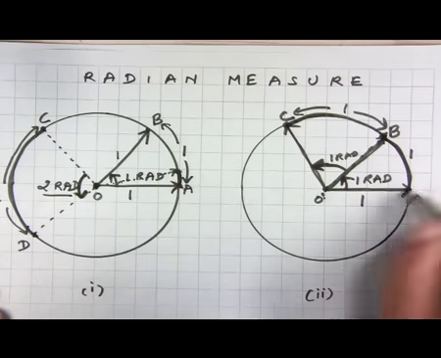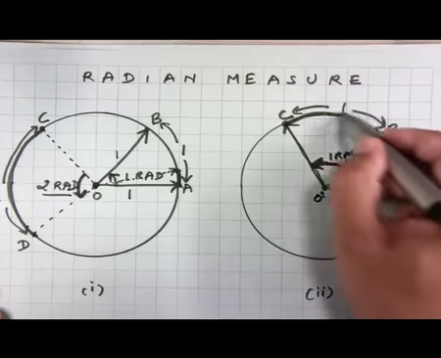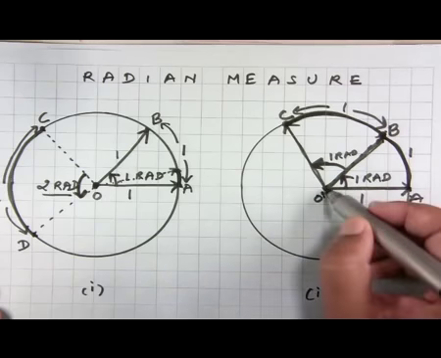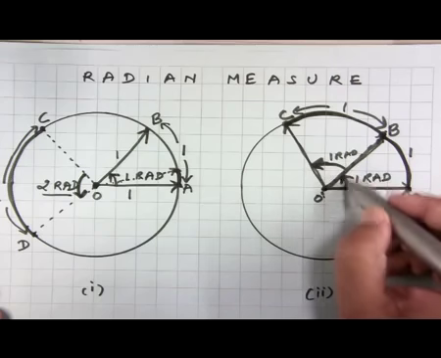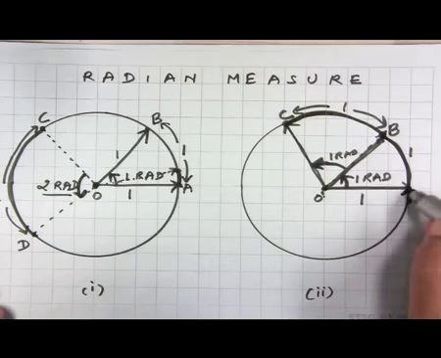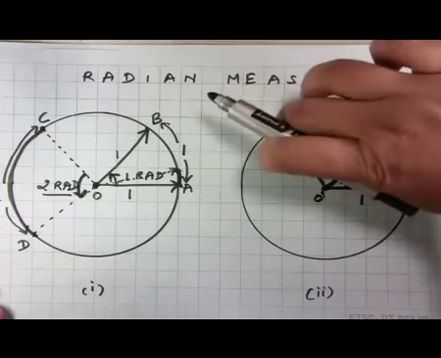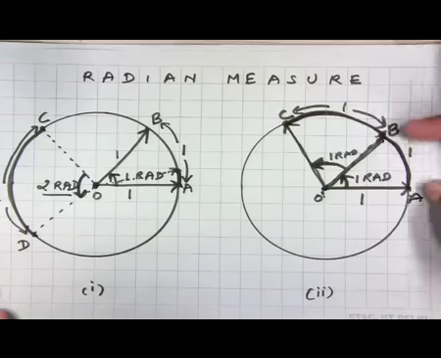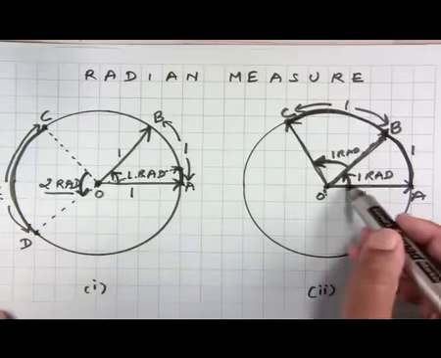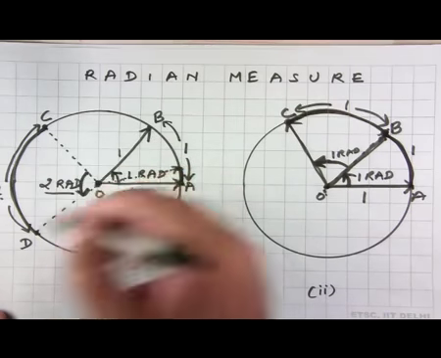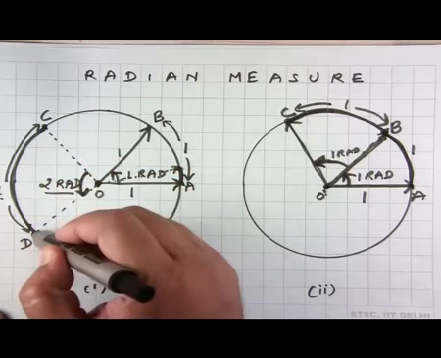Here what we have is an arc AC, where the angle subtended at the center is 1 radian plus 1 radian, that is 2 radians, and you see that the length of the arc is this 1 unit plus this 1 unit. So, it is a total of 2 units, and therefore, if the angle subtended by any arc at the center is 2 radians, then the length of that arc will be 2 units, right.